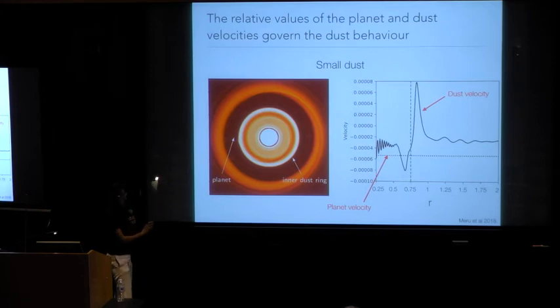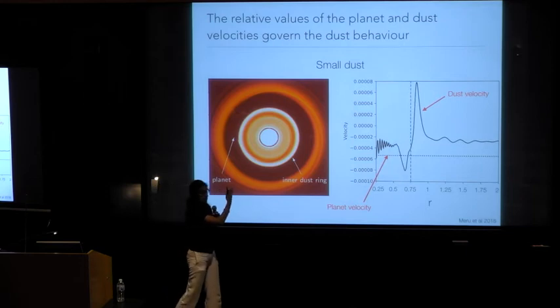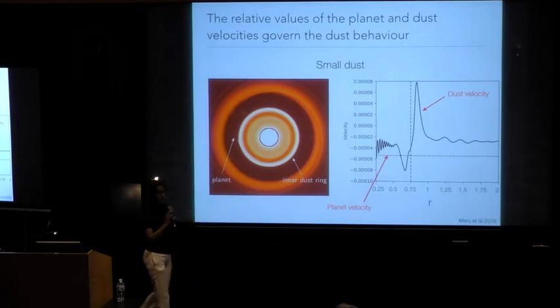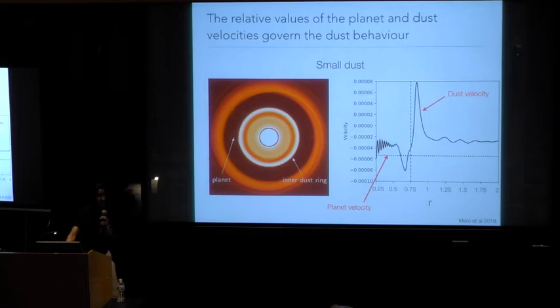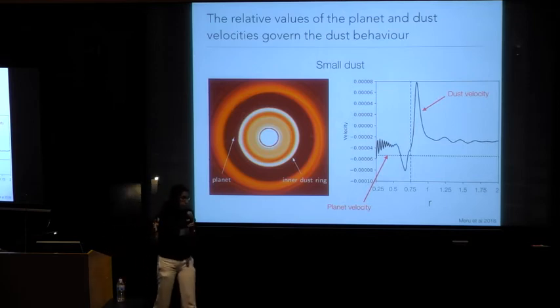These ones were, I think, 10 to the minus 3 or 10 to the minus 2. So just to put this in context when it comes to actual observed disks, the transition between small dust and large dust, the inner ring to the outer ring, would typically happen at about millimeter sizes for a typical 30 Earth mass planet at about 30 AU in a typical protoplanetary disk.